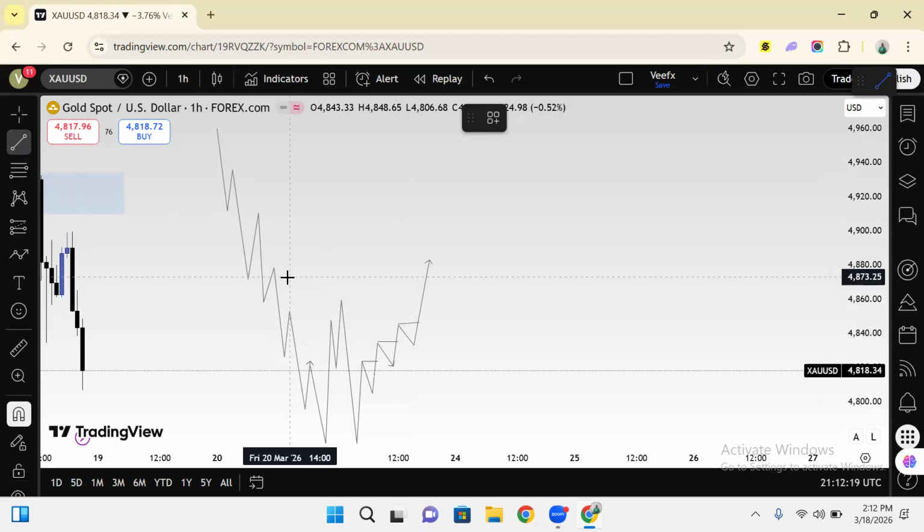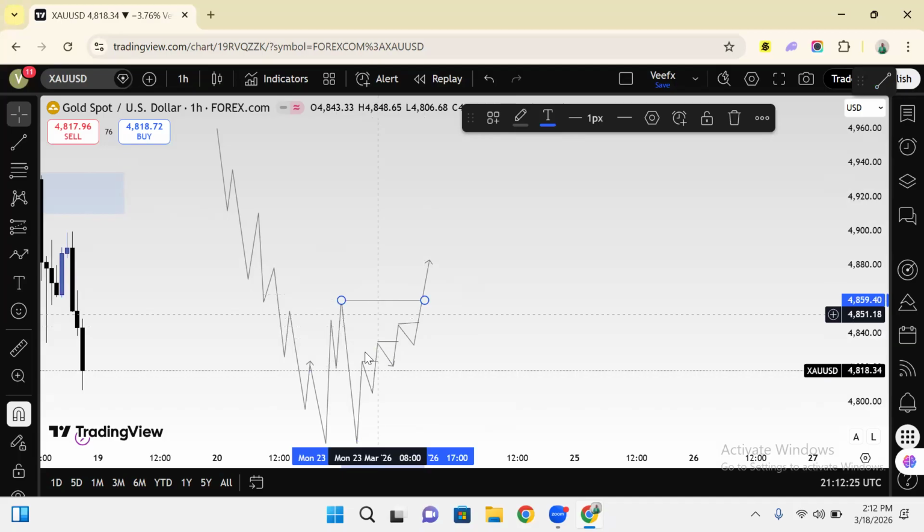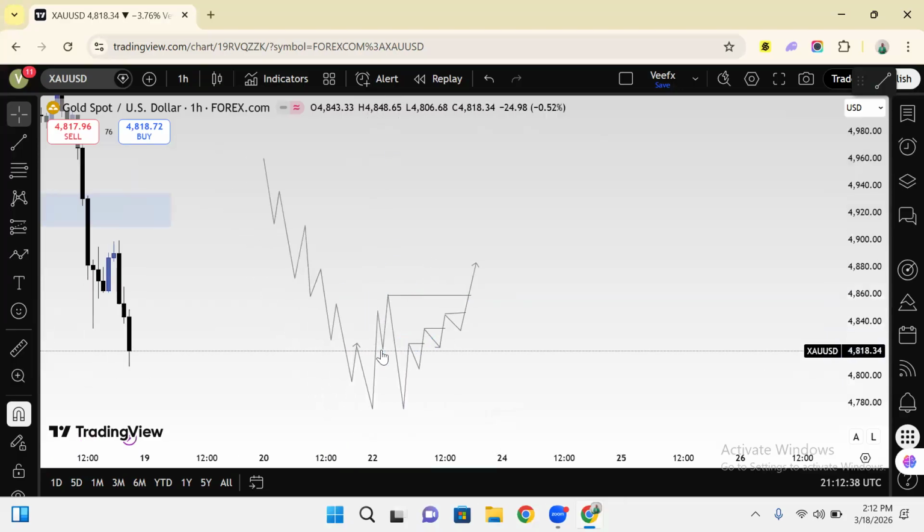Now, the moment that the market has taken out this high here, this is when we have a multiple break of structure, because it has not just taken single breaks of structure, but it has also taken out this recent high. This is what we call a multiple break of structure.